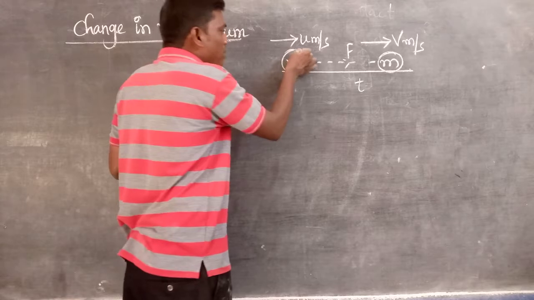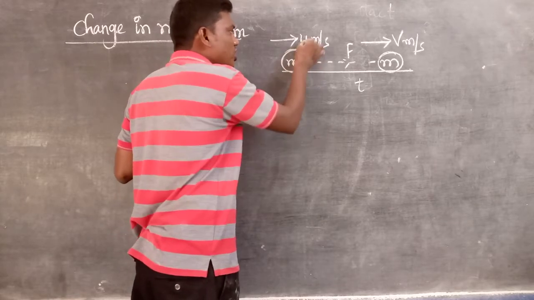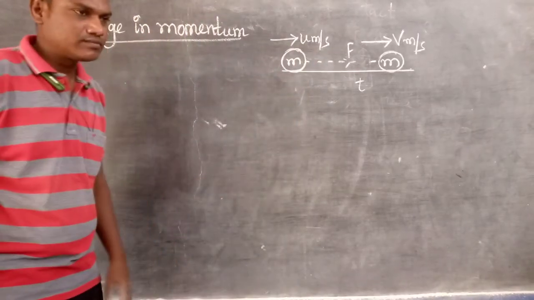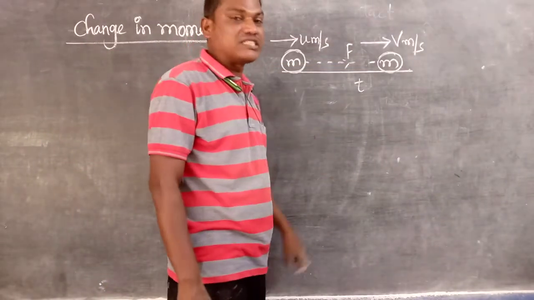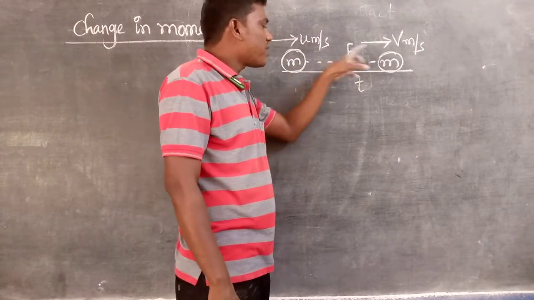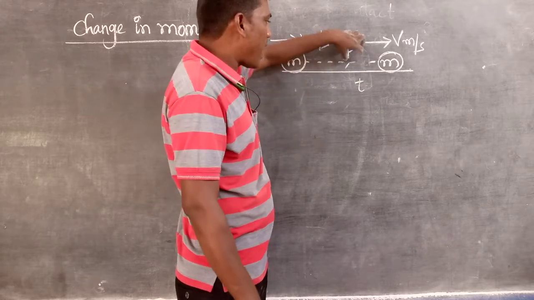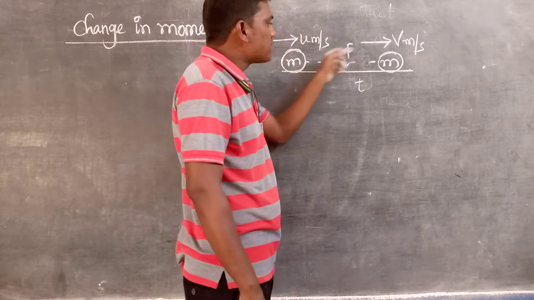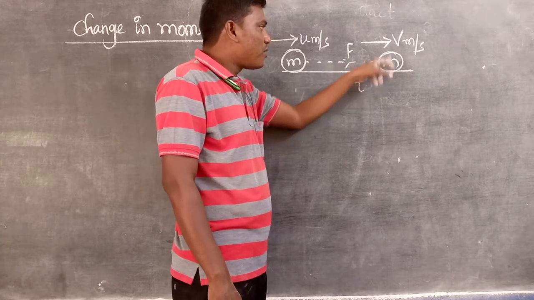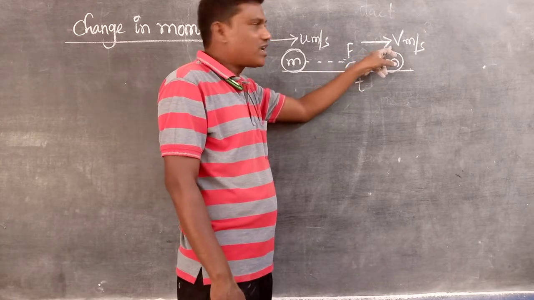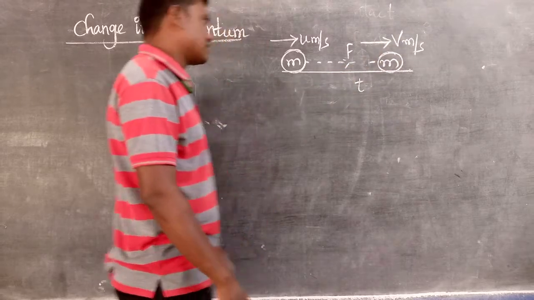That's why a body of mass m initially moves with velocity u. Now on the body, a force F will be applied up to time t in the same direction of the body's motion. Then you observe that the body's velocity changes and it moves with velocity v.